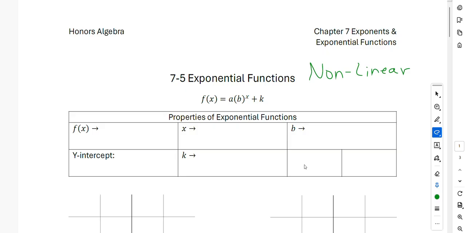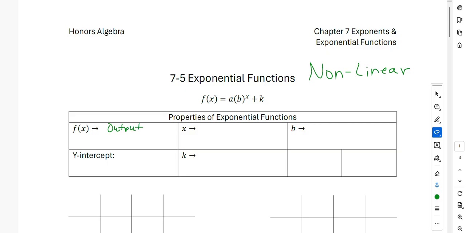So let's talk about what each of these pieces actually mean. We're just going to work from left to right. Let's start with f of x. We should know that f of x, when we think about function notation, is the output value.